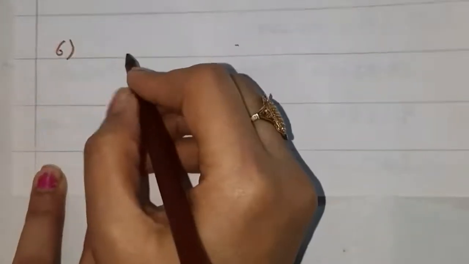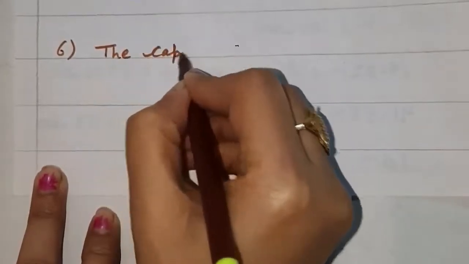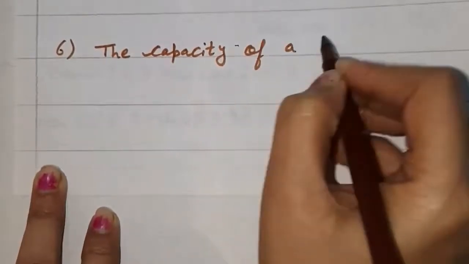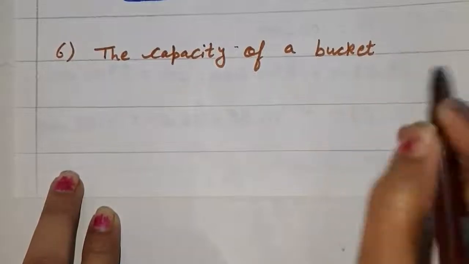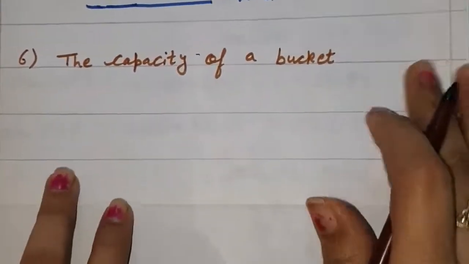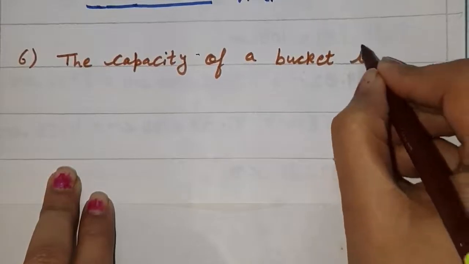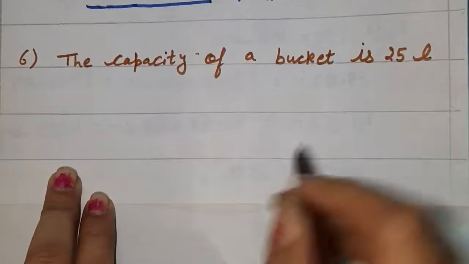Now let's take next question number 6. The capacity of a bucket is 25 liter.